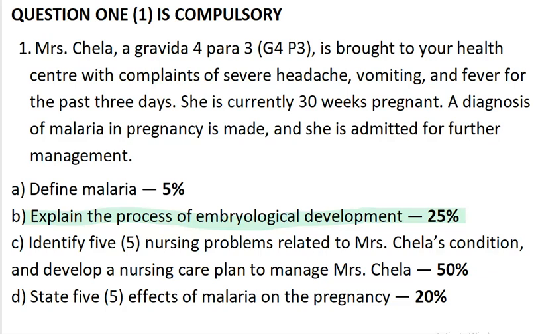Moving on to the fourth stage, which is gastrulation. In this stage, from the inner cell mass we talked about, three germ layers are formed, which are the ectoderm, mesoderm, and endoderm.